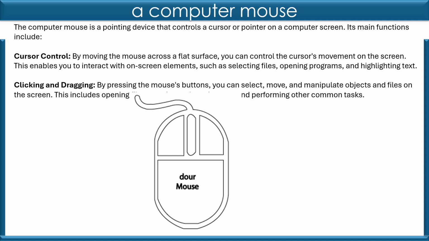Then the computer mouse. A computer mouse is basically a pointing device that controls a cursor or pointer on the computer screen, and its main functions are to control the cursor and also clicking and dragging.